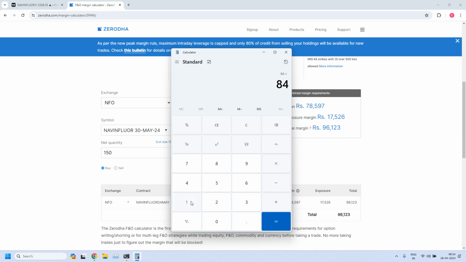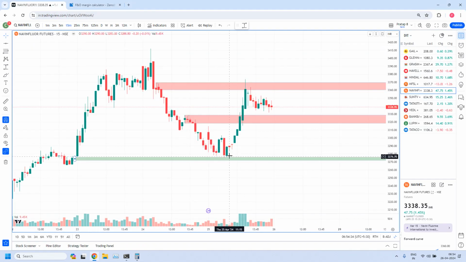84 into 150. You got 12,600 rupees profit for a margin of around 96,000. But actually by the time prices entered here, it could be either 93 or 94,000 rupees.